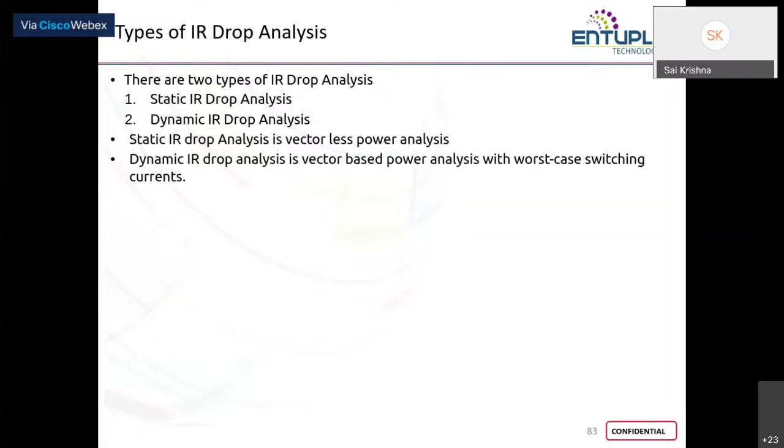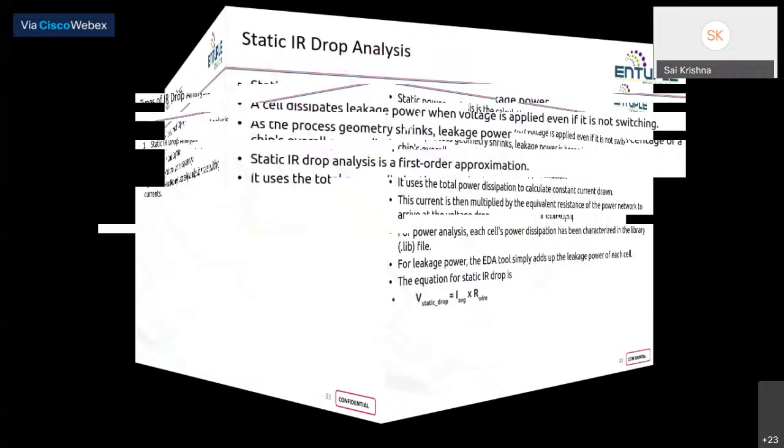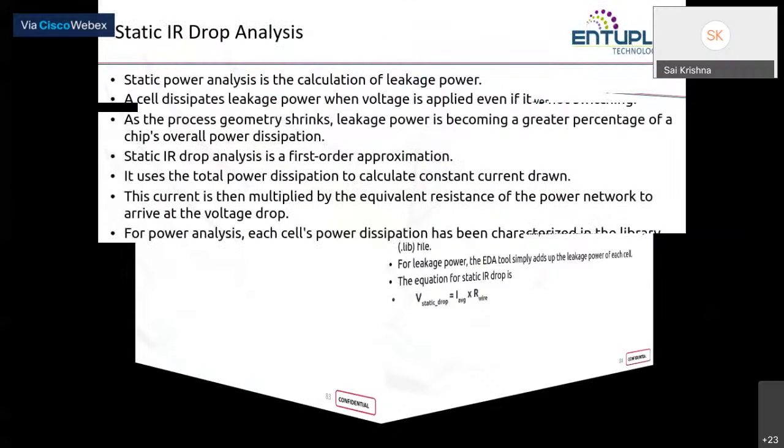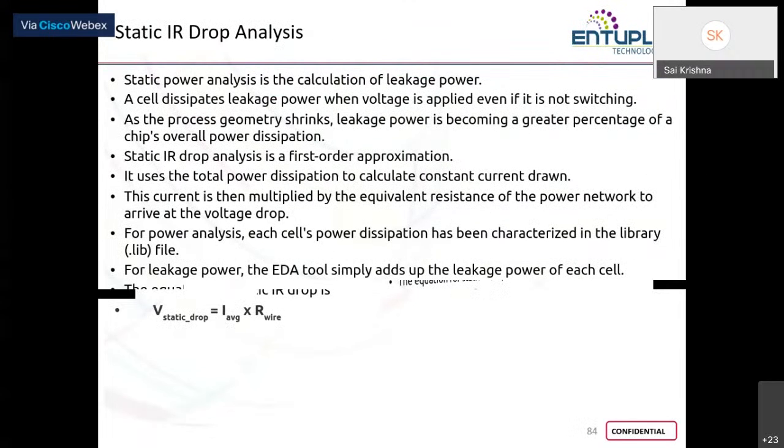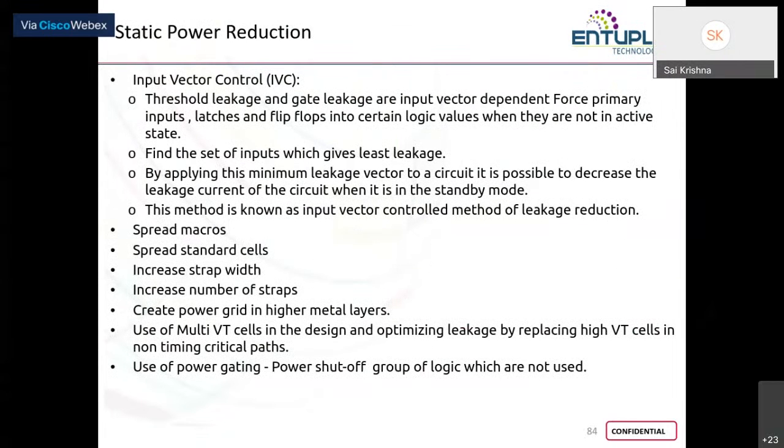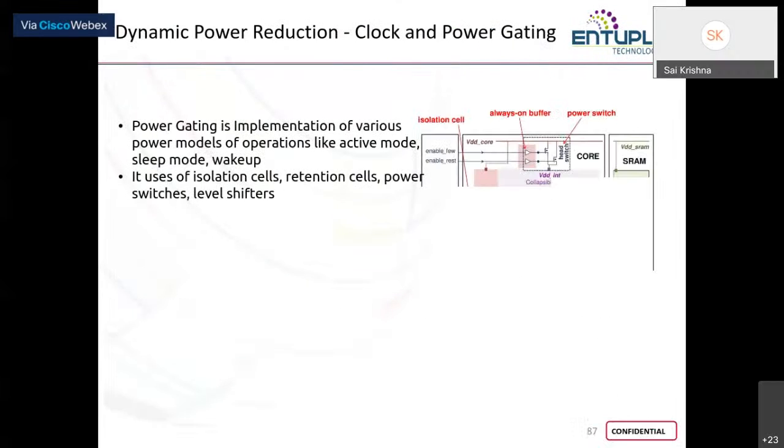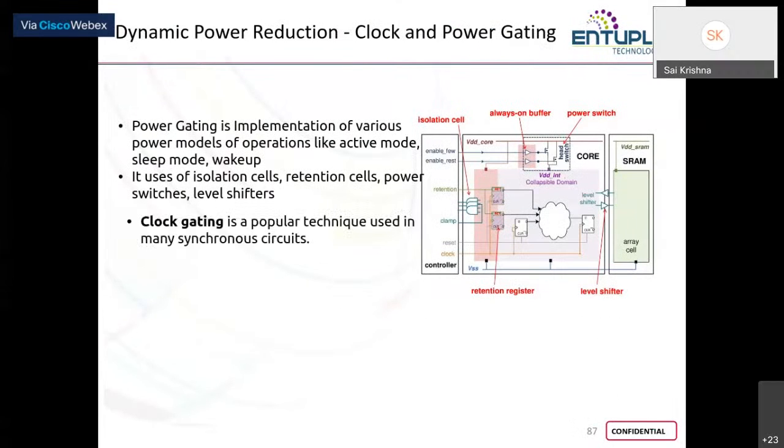That means every switching and every direction of the flow matters. We'll learn more about this in the demo. When you perform this IR analysis, it is not only for your data or your clock propagation.